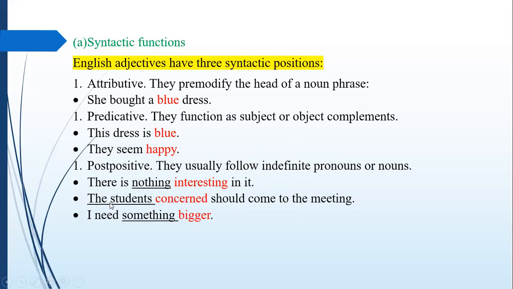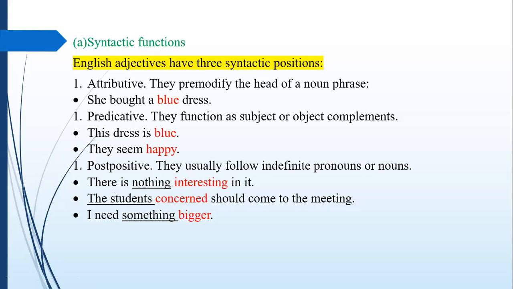Or it can be used after nouns. The students concerned should come to the meeting. In this case, this is an adjective, a past participle. Is that right? So we have a relative pronoun plus verb to be that have been omitted.